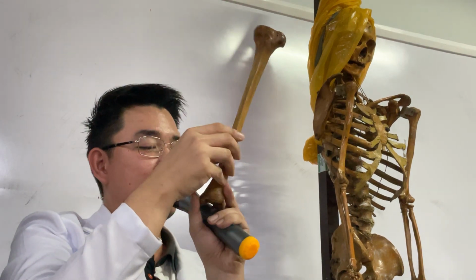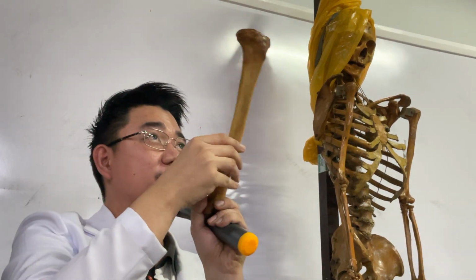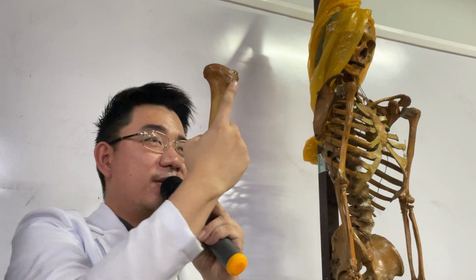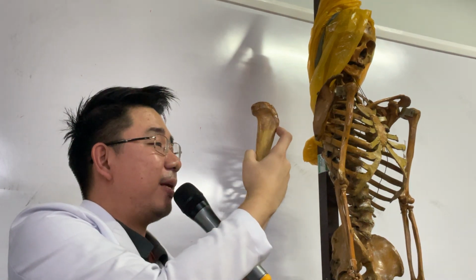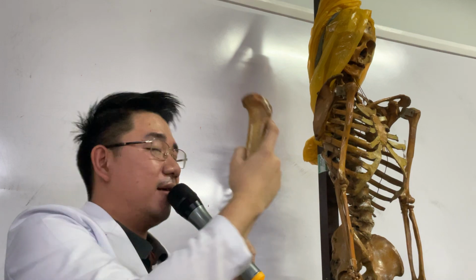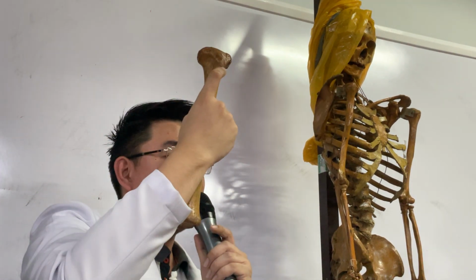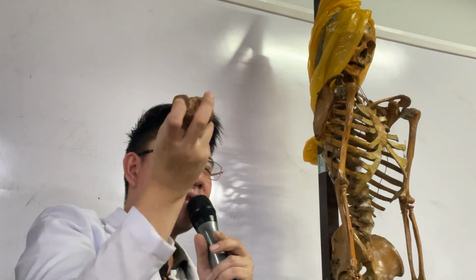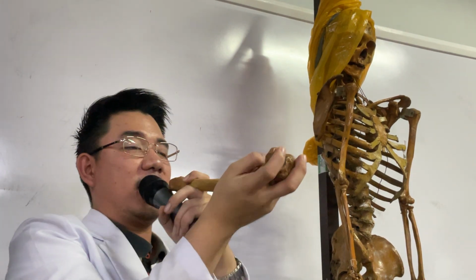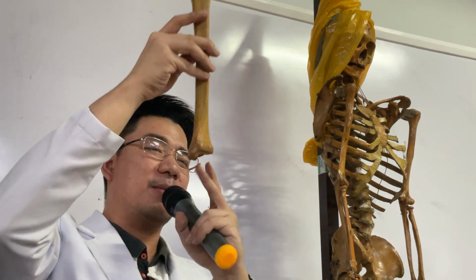So let's go back to the anterior portion. This protrusion here is known as the tibial tuberosity. Now, in the top portion, you know the top and bottom, right?